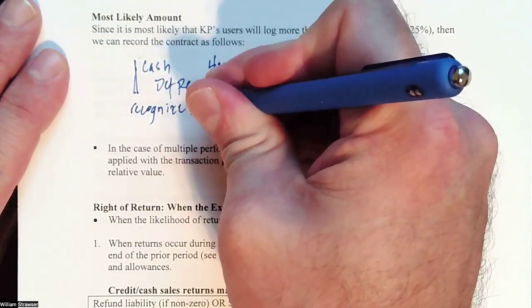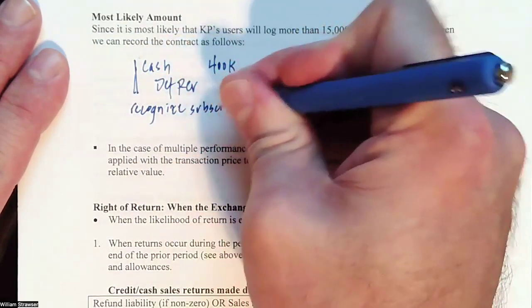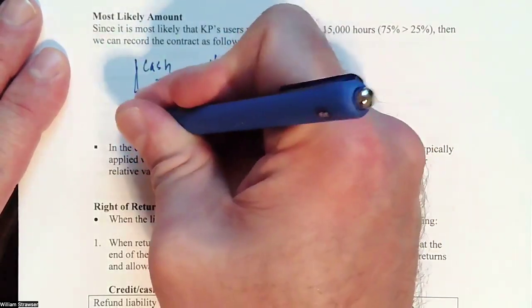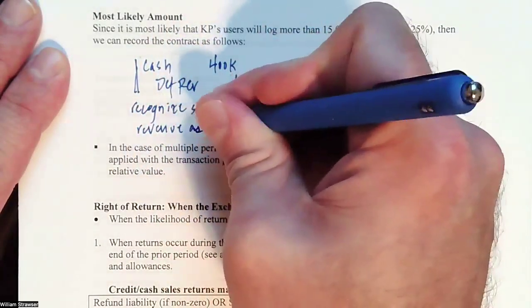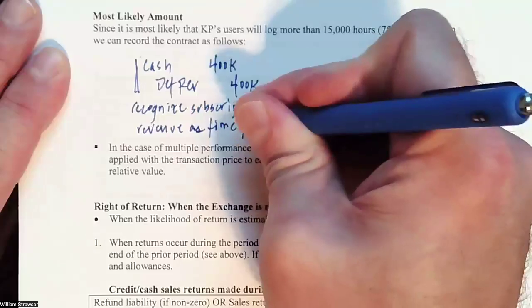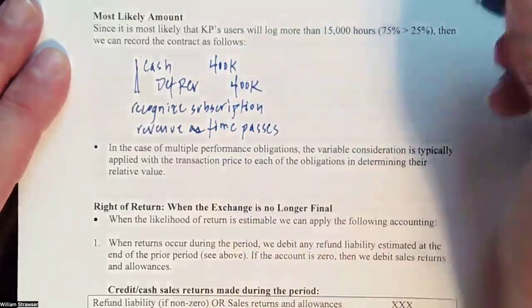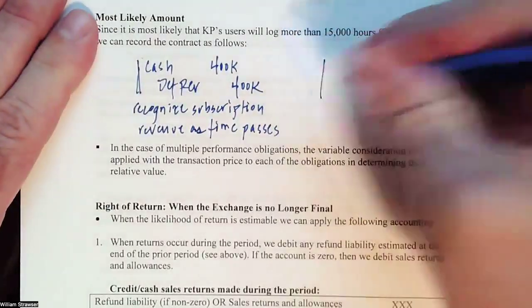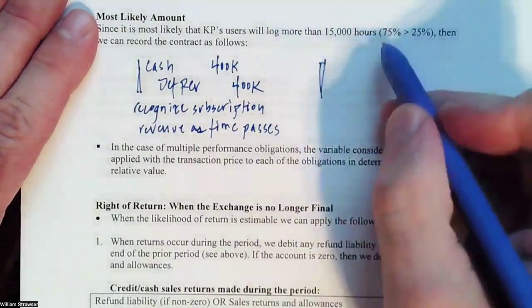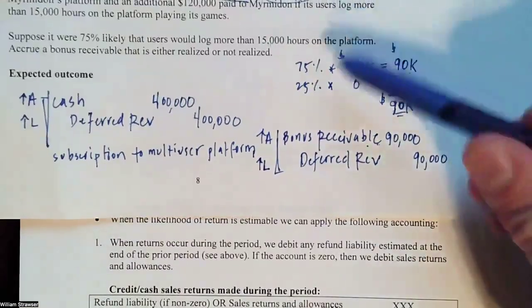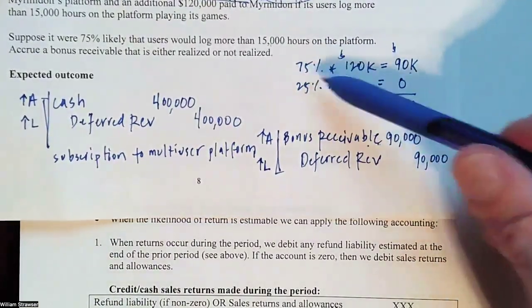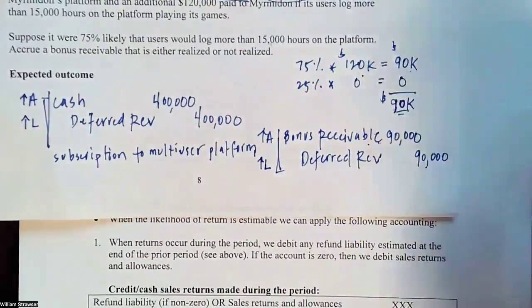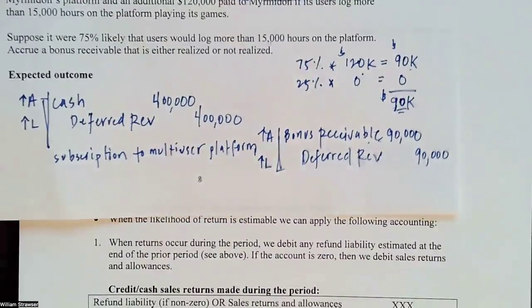Recognize subscription revenue as time passes. And then for the most likely amount, well, because the 120 is the more likely, right? All we do is look at these percents. Okay, this is the biggest one. We're going to take that amount, ignore the expectations of anything else happening.